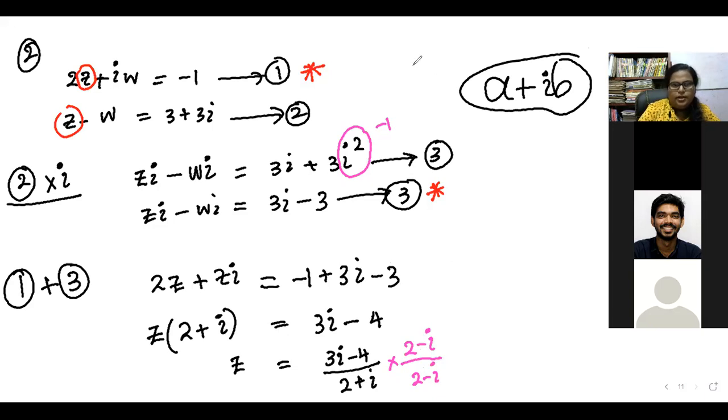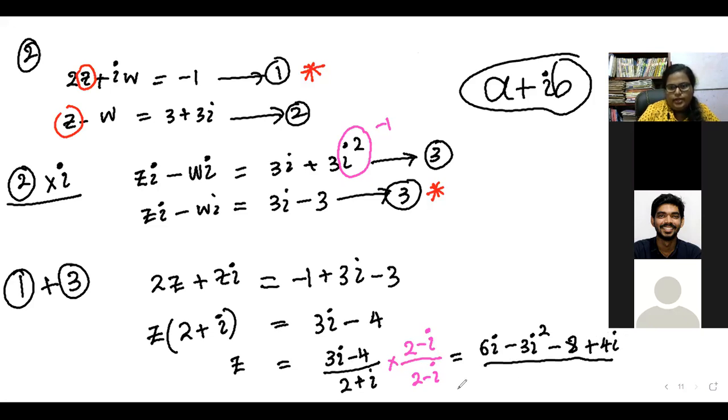So we can simplify this here. 3i into 2 is 6i. 3i into minus i is minus 3i square. Minus 4 into 2 is minus 8, and minus 4 into minus i is plus 4i.